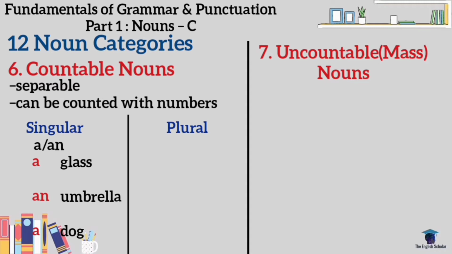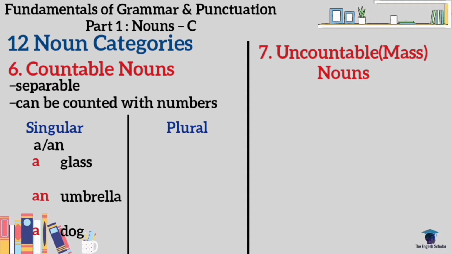These are examples of countable nouns. We are including definite or countable things, people, or places. And in this column, since it is singular, instead of using one, like one glass, one umbrella, one dog, we use the articles a or an instead, which means one.